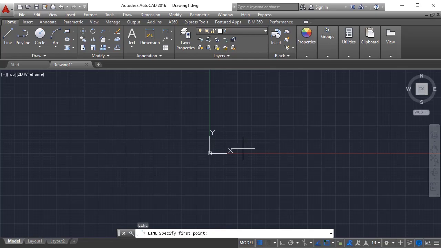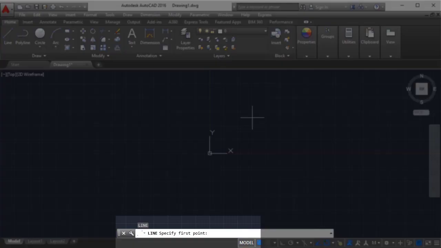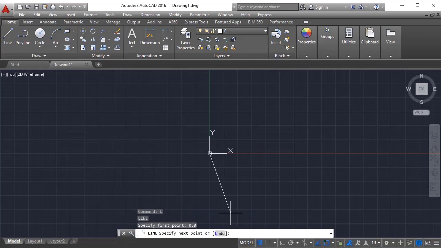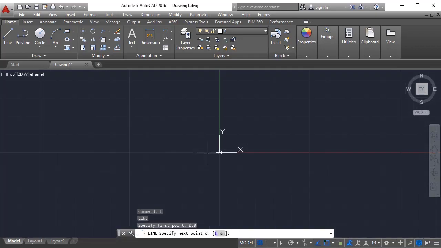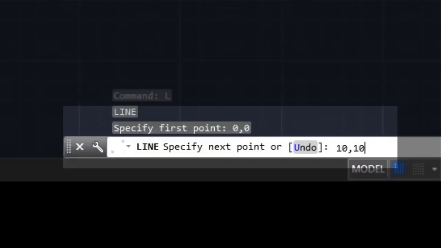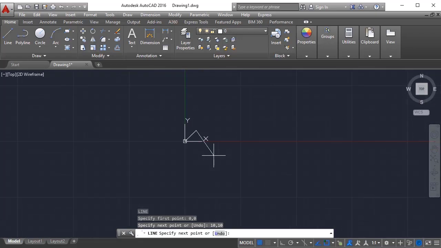In mathematical representation a point is x comma y. So if I choose 0, 0 and press enter, the line starts at the origin position. If I specify 10, 10, enter, it is specified at this point.